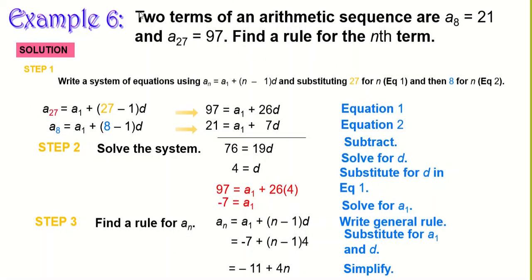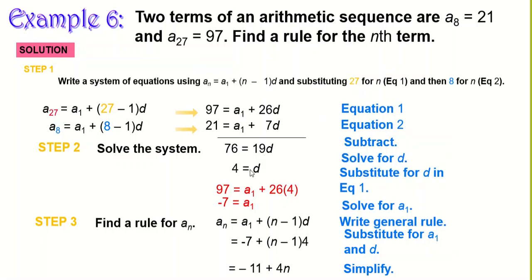For example number 6, we have two terms of an arithmetic sequence: the 8th term is 21, the 27th term is 97. Find a rule for the nth term. So the first solution that we have here is using the system of linear equations. You form two equations from the given two terms in the arithmetic sequence, by substitution in the general formula.